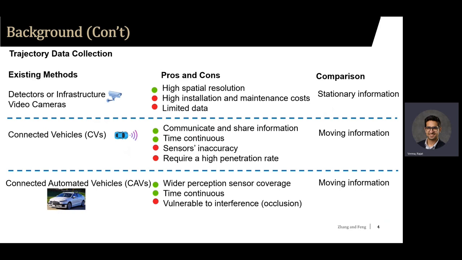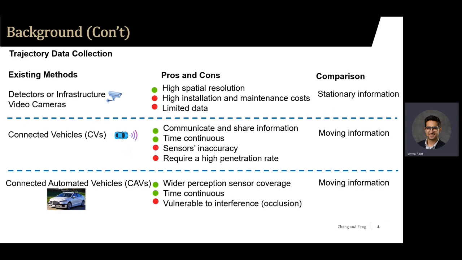So the second popular method is using the connected vehicles. As we all know, they could communicate with each other and share information like their speed, acceleration, and their locations, and this data is also time continuous data, but the sensors may be inaccurate and they require a very high penetration rate.